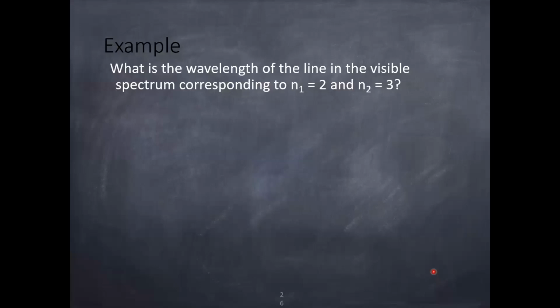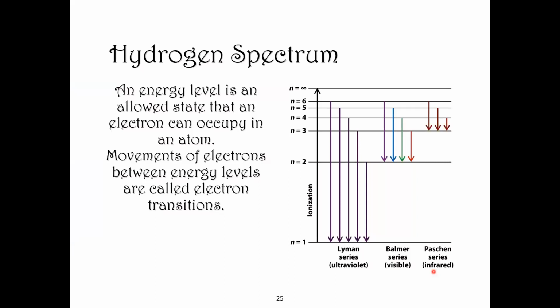So for this example, we want to determine what wavelength of light is going to be emitted if it's looking at the 2 to 3 transition here.